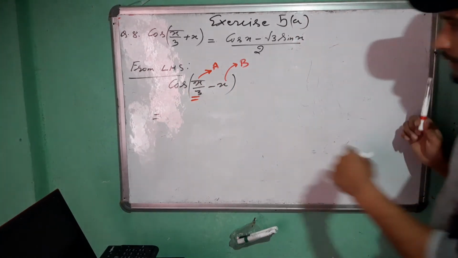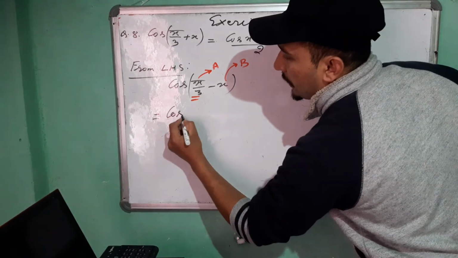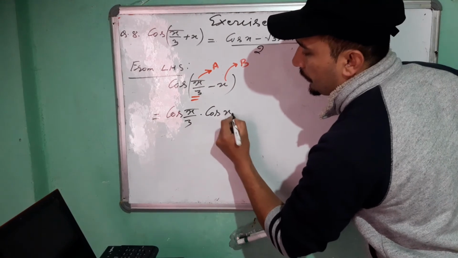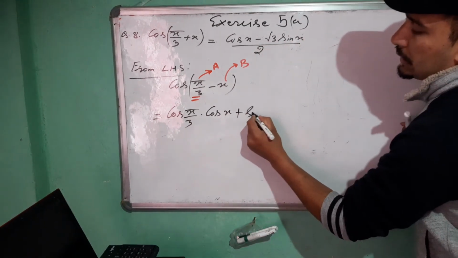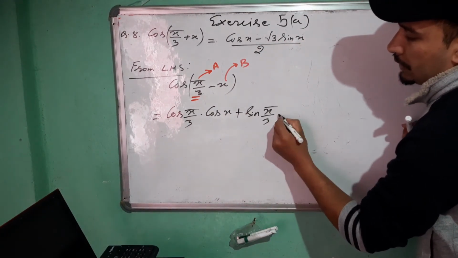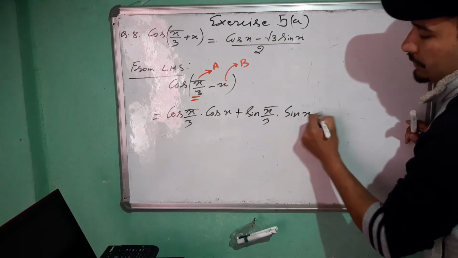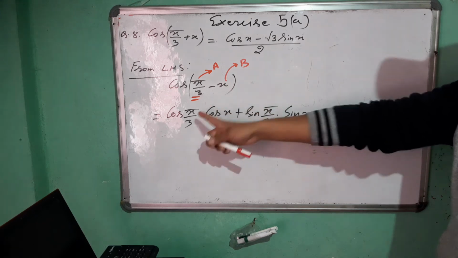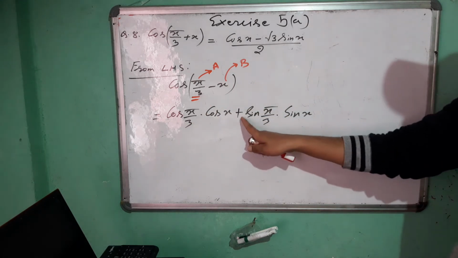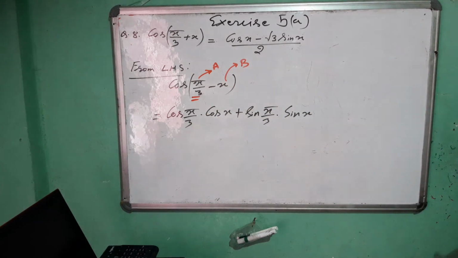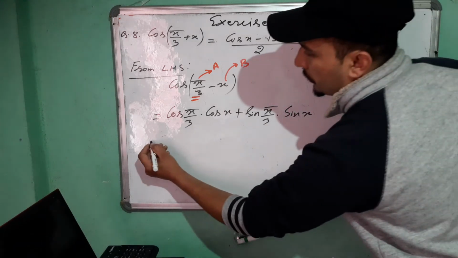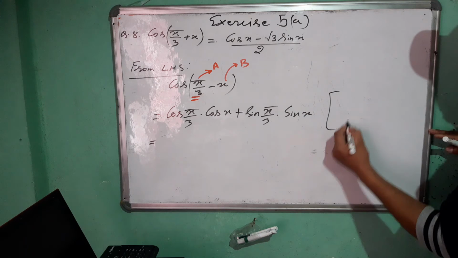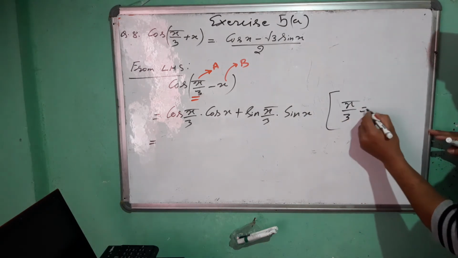Cos(a minus b), you check it in your diary. So it will be cos a cos b plus sin a sin b. This is your formula for cos(a minus b). I have already given this formula to you. So cos pi by 3. Pi by 3 means pi upon 3.